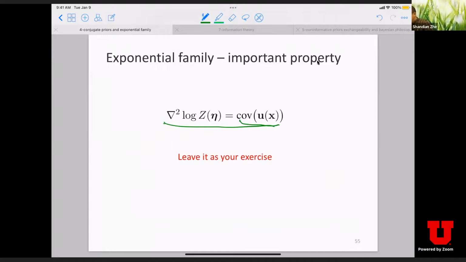Remember, sufficient statistics in general can be viewed as a vector, and the Hessian, or second derivative, will be a matrix as well. So the result tells you the second-order derivative of the log normalizer gives you the covariance matrix of the sufficient statistics. Okay? And this has been left as an exercise for you in homework 1.